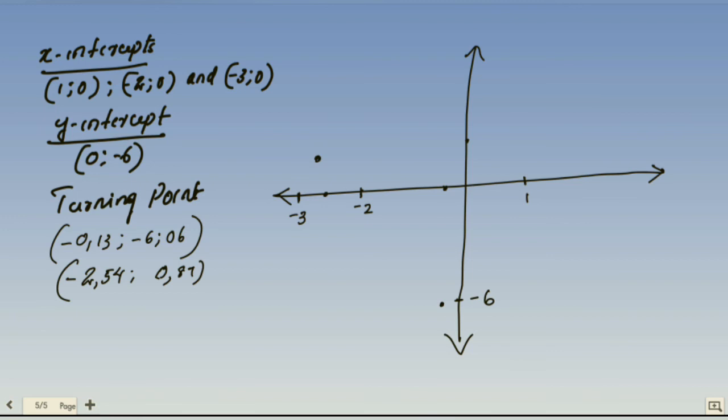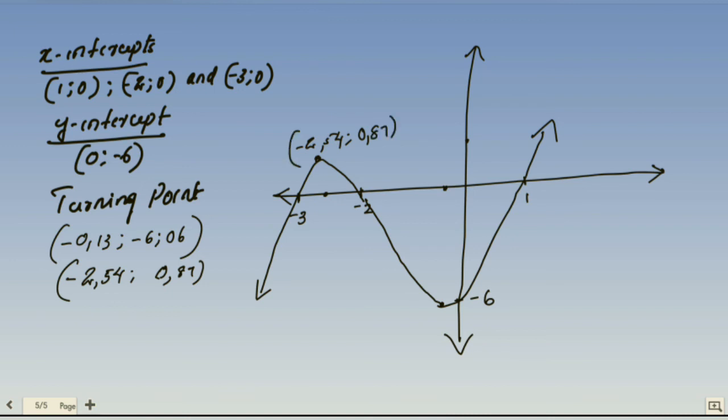So the graph, when you draw it, it's going to go like this. See? So this is how the cubic graph will look. You see that it has two turning points. This turning point is minus 2,54, then y value is 0,87.